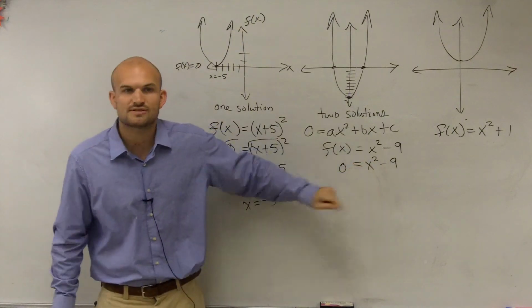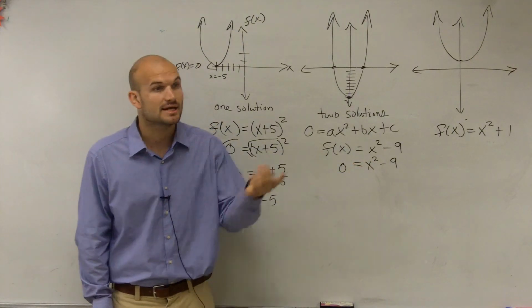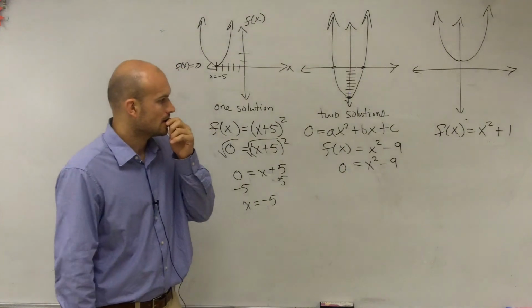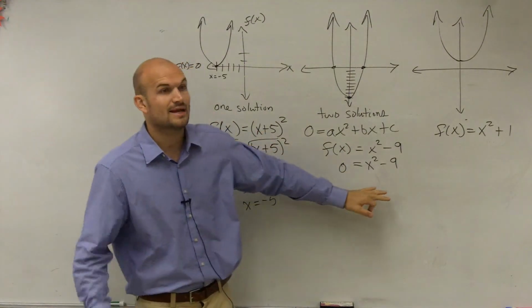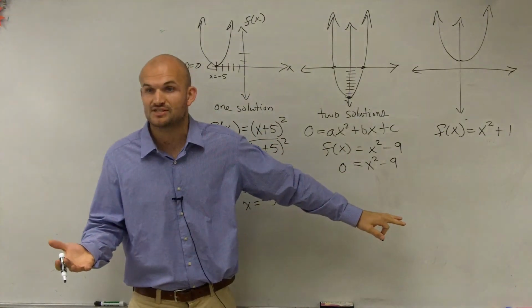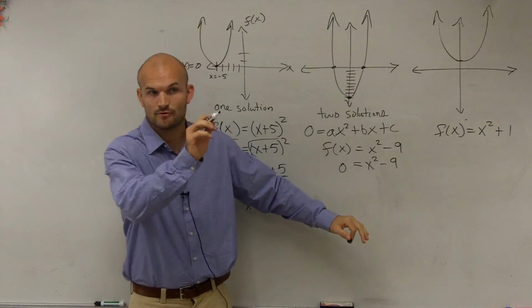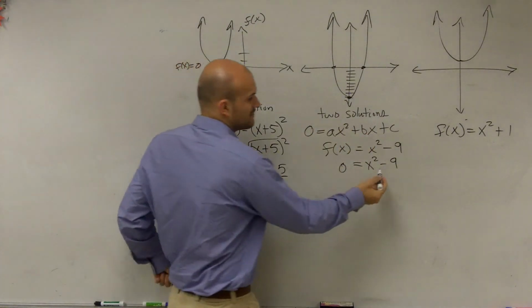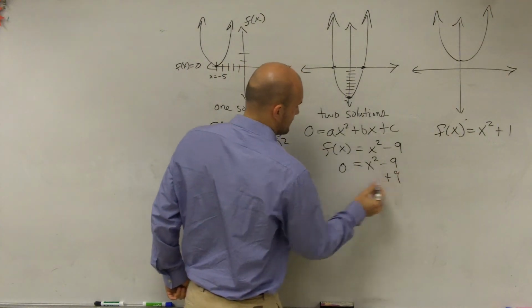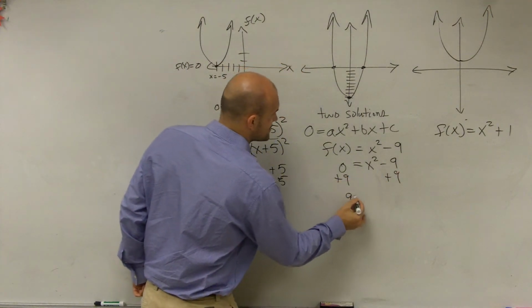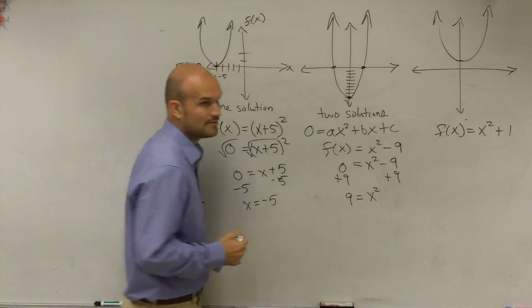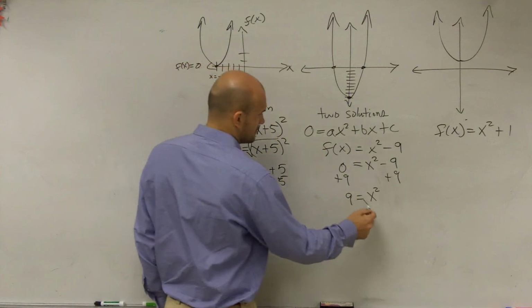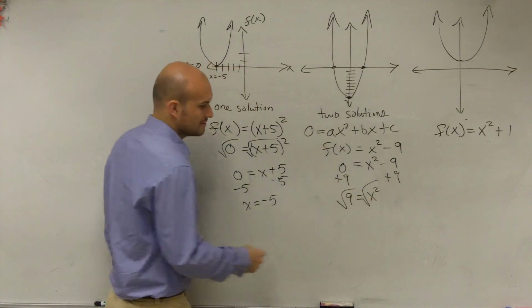So now, what's the first step I'm going to do here? Before you unsquare it, we got to follow our reverse order of operations. We have to undo what first before we can unsquare it? Right, you got to make sure we add 9 to the other side first, then we can undo the squaring. So I add 9 to the other side, so I get 9 equals x squared. And now I undo the squaring.